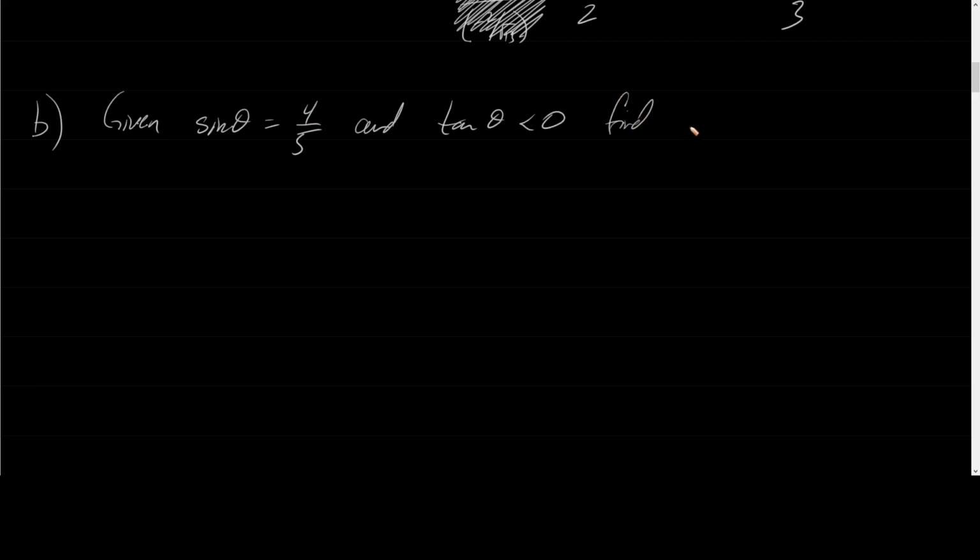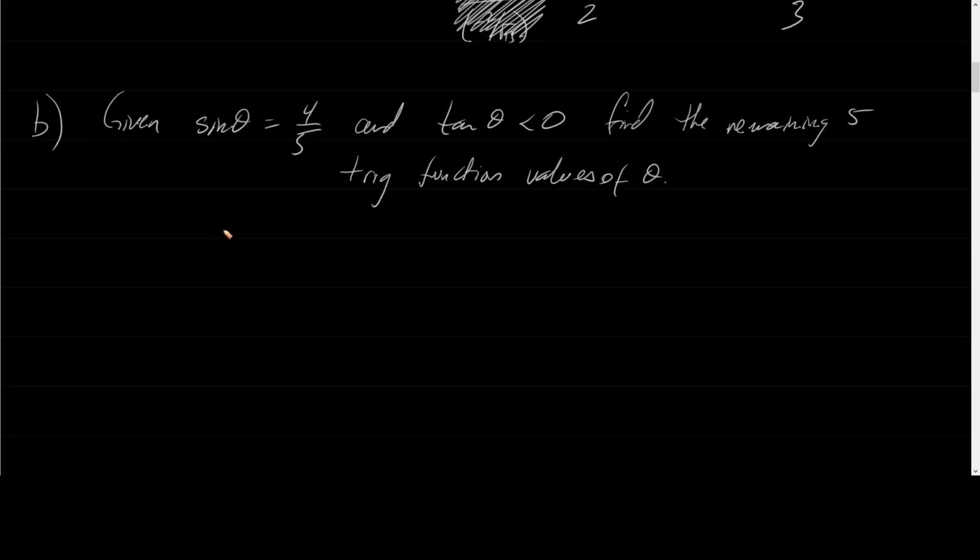Find the remaining 5 trig function values of theta. All right, so in here, what I'm saying is we already have sine. So I don't need to find all 6, I just need to find the other 5. So let's see what we can do with this.